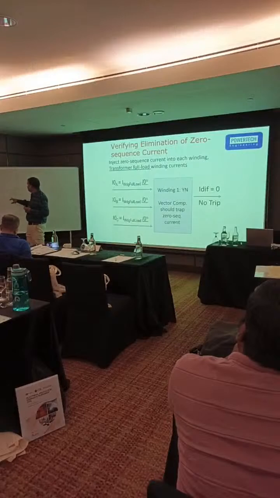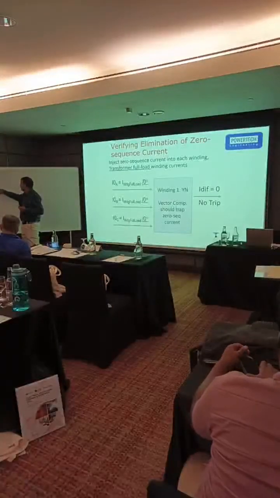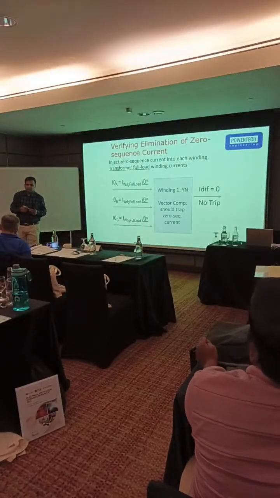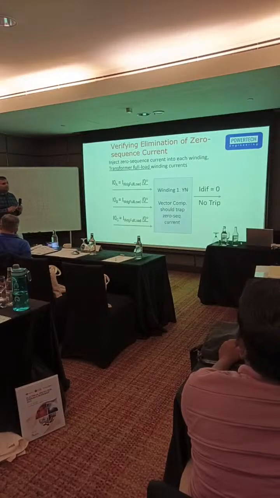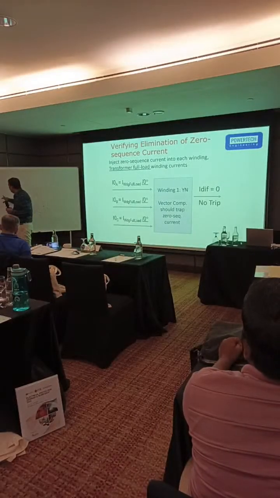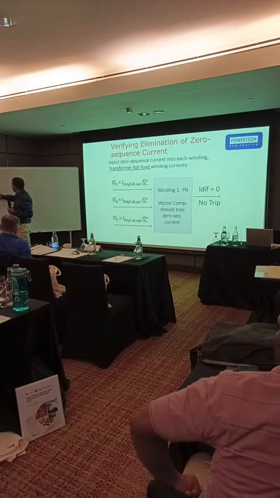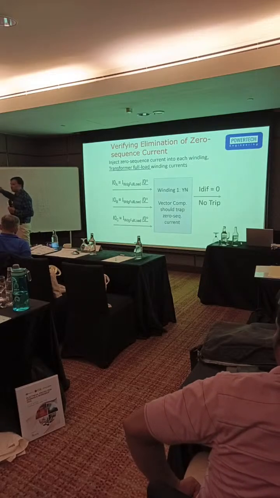In this case, if we are injecting, suppose for calculation 0.3 ampere, then what may happen? The relay may not trip at 0.3. Suppose the pickup current is not 0.21, it is 0.3.